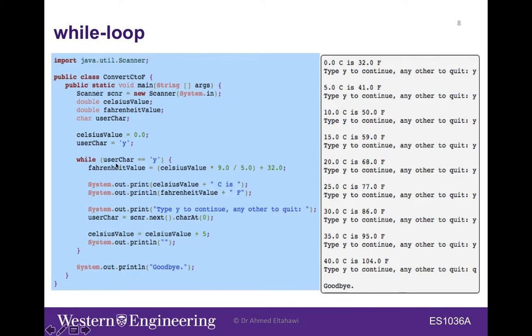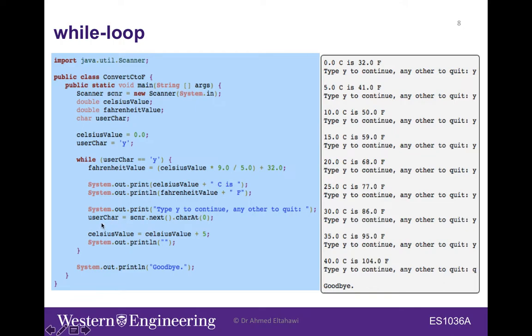What I care about is this while loop. It's saying while user character equals y. That means the body of the loop will keep executing as long as the user character value is equal to y, and the user character is initialized to y. So it will enter here. But at some point I update this variable in order to get out of the loop.